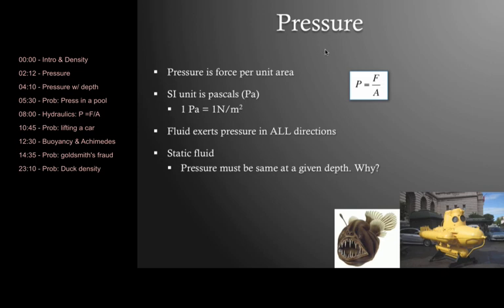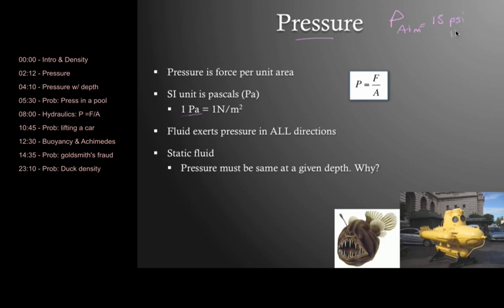So another important concept with fluids is the concept of pressure. And pressure is force per unit area. So in our SI units, these are pascals, or 1 Newton per square meter. So just to give you a concept of how big is a pascal. So atmospheric pressure is about 15 psi.